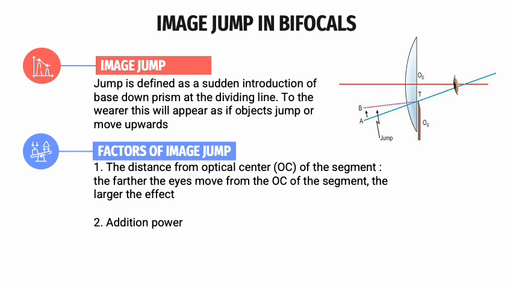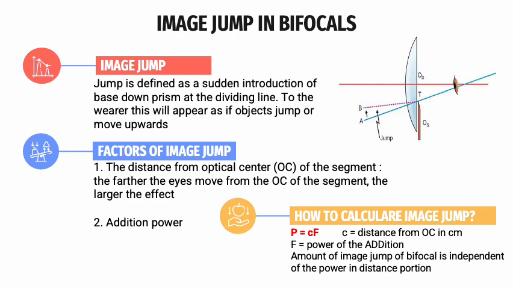The factors that might contribute to image jump are, number 1, the distance from the optical center of the segment. The further the eye moves from the optical center of the segment, the larger the effect of image jump. Number 2 is the addition power of the lens.